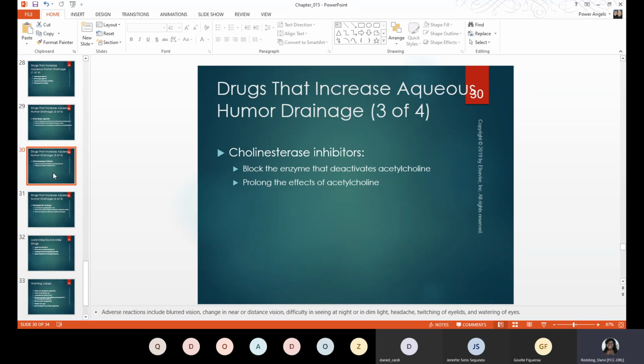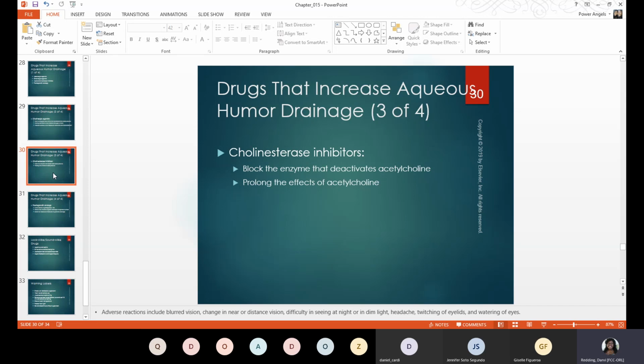So continuing learning about different drugs that help increase the aqueous humor drainage, we're going to learn about the cholinesterase inhibitor. That works by blocking the enzyme that deactivates the acetylcholine. And it also prolongs the effect of the neurotransmitter acetylcholine. So there are some adverse reactions that might include blurred vision.